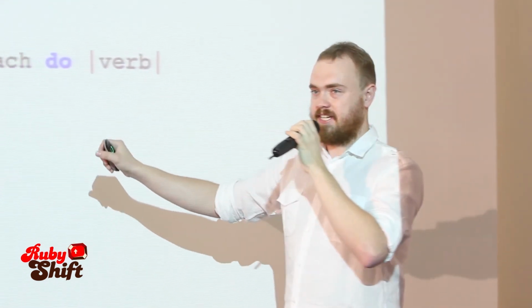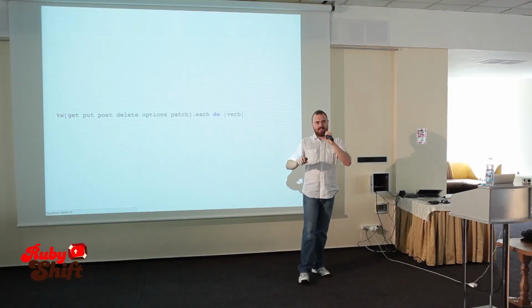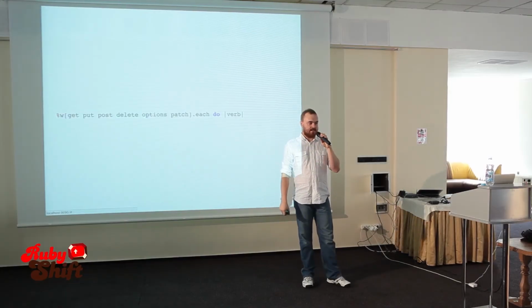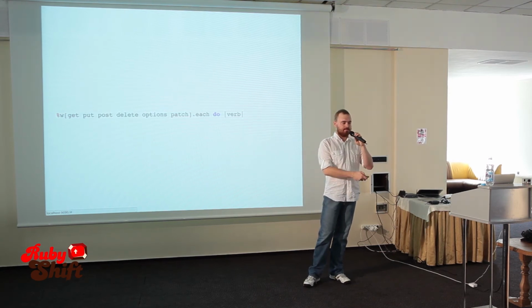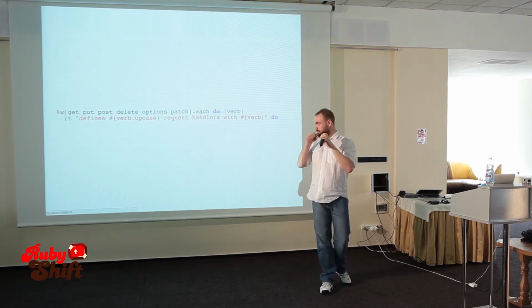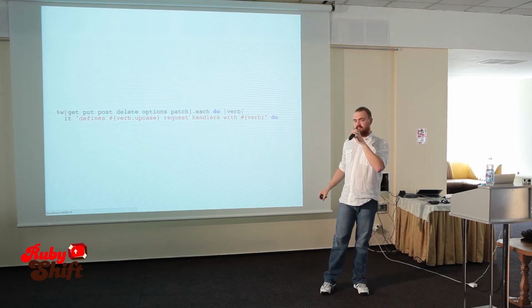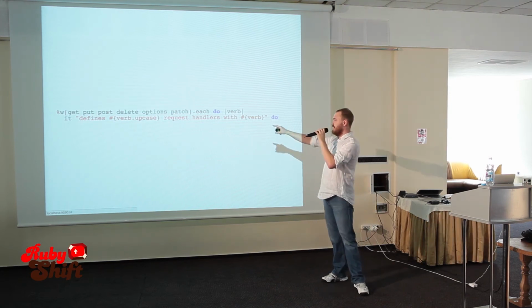And some of them are smart, like this one. Okay, let's break it down. So we have verbs like get, put, post, delete, options, and patch. So there is an array of these verbs, and we're iterating through this array. And for each verb, there is a defined aspect.